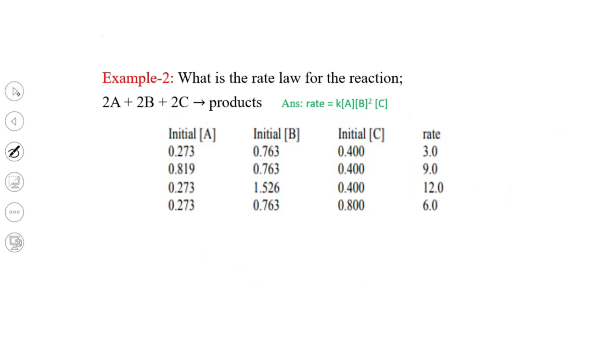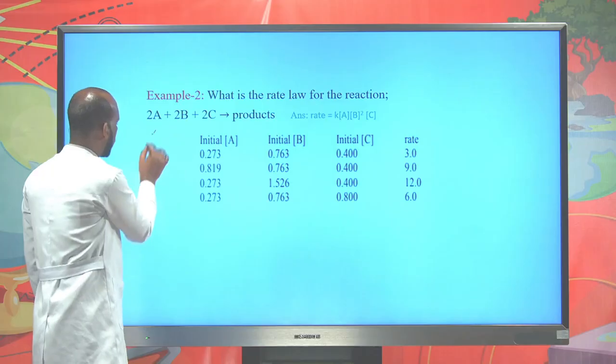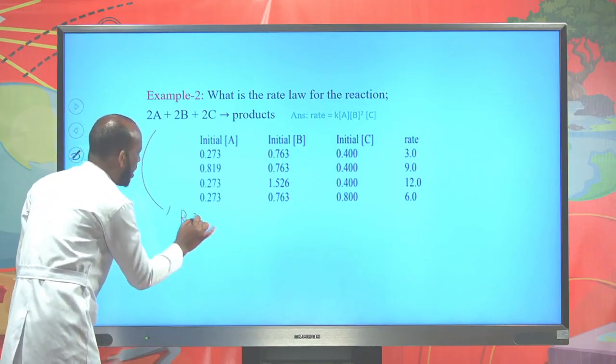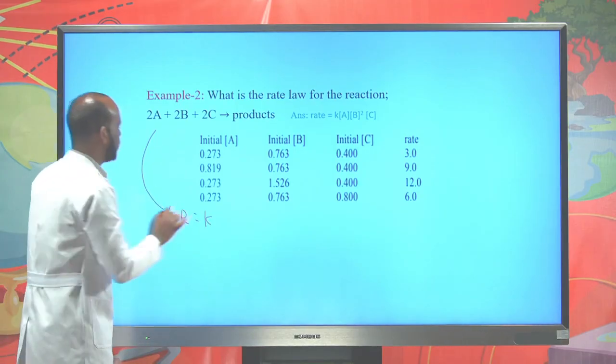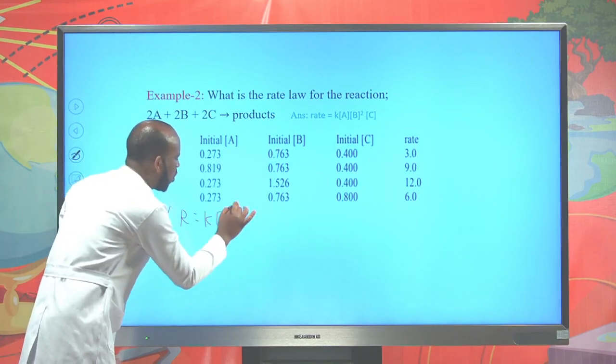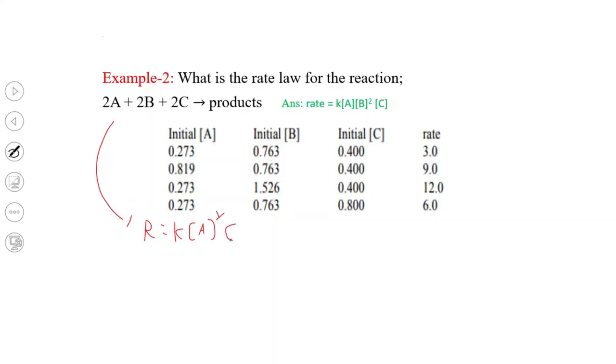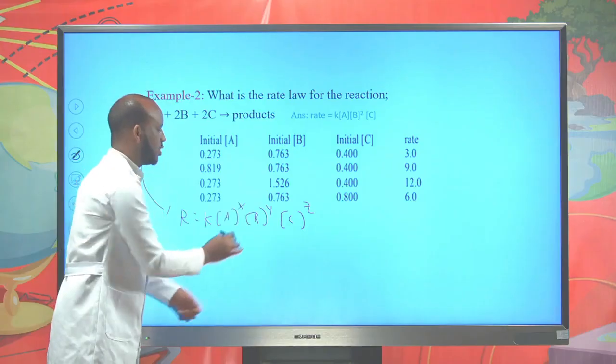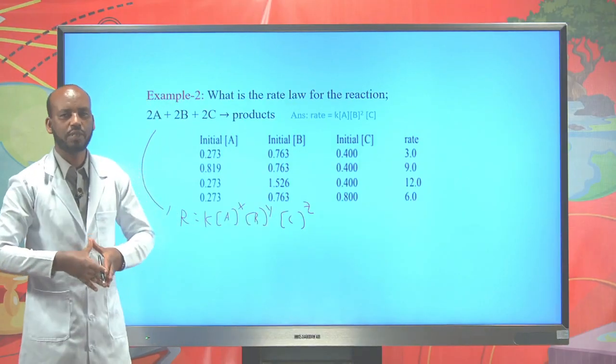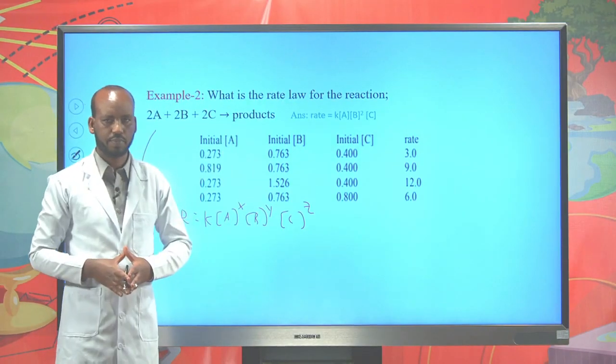What is the rate law for this reaction? The rate law for this reaction is rate equals K times the concentration of A to the power x times the concentration of B to the power y times the concentration of C to the power z, where x, y, and z are obtained experimentally.